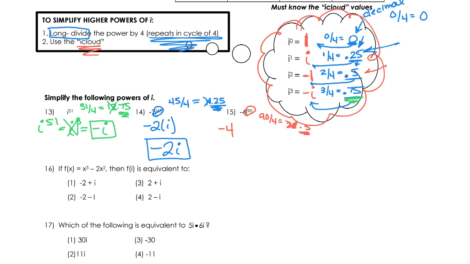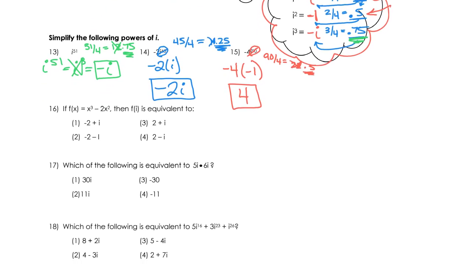So we go to our table and look for 0.5, and we realize that i to the 90th is the same thing as i squared, which is equal to negative 1. So this i to the 90th gets replaced with negative 1, and negative 4 times negative 1 is positive 4. And that is finished. That's how you simplify those powers of i. You have to make sure you divide by 4 and that you have your iCloud memorized and written down on your paper so that you can remember it.